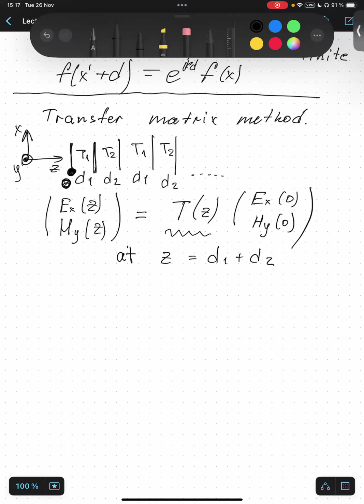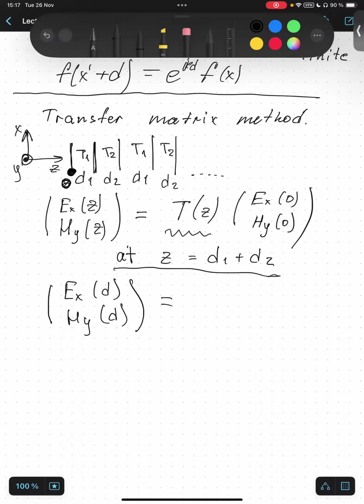Let's consider this scenario. What can we write? Ex at d, Hy at d is equal to t2 t1 times the fields at the beginning, at 0.